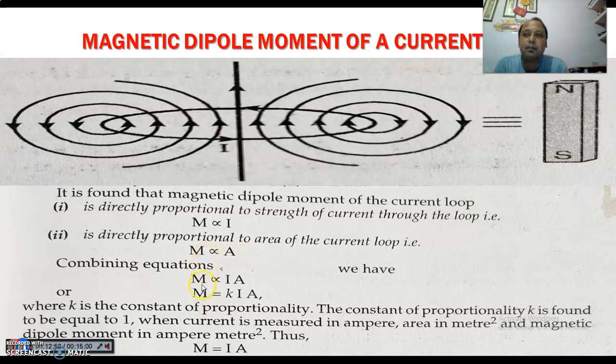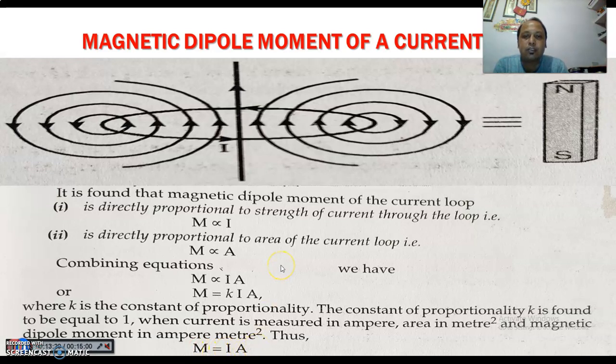So the magnetic dipole moment M is proportional to I into A, or equal to K into I into A, where K is a constant. This proportionality constant K comes out to be 1 when we consider current in ampere and area in meter square. So M is equal to I into A.